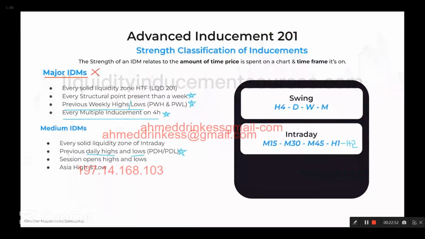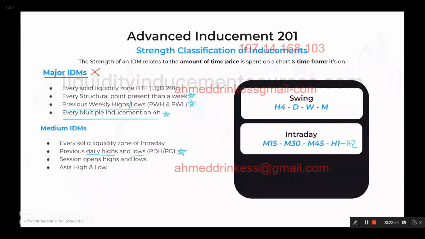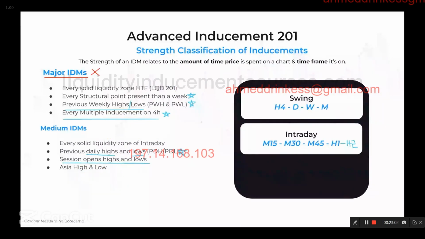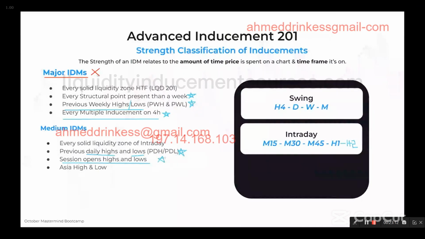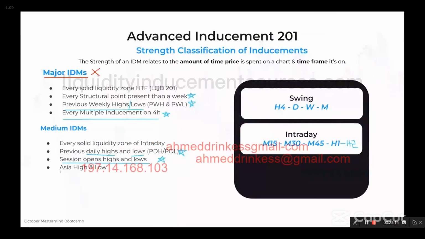These also are session opens, highs, and lows. Those are our medium inducements. So London high, London low, Asia high, Asia low, New York high, New York low. All of these are liquidity points for intraday traders.